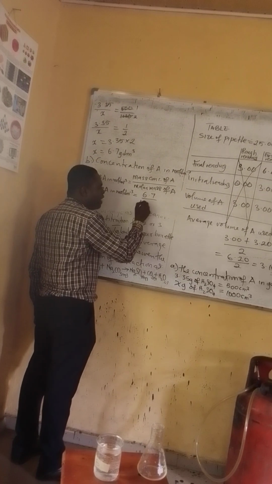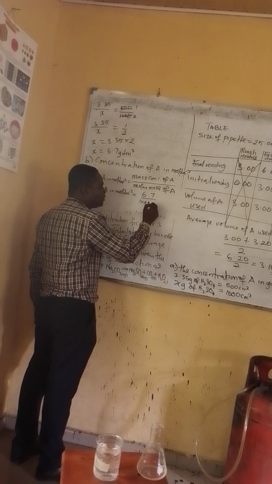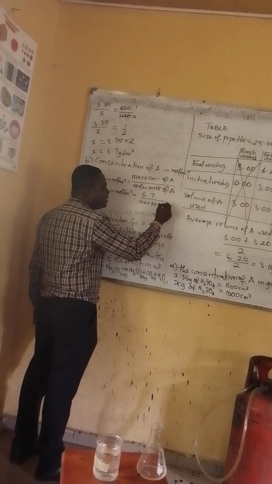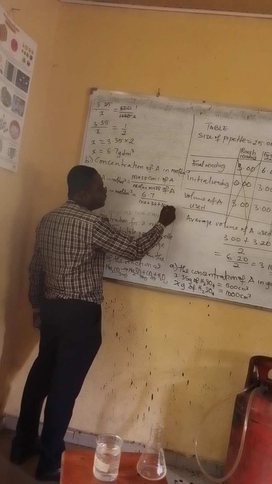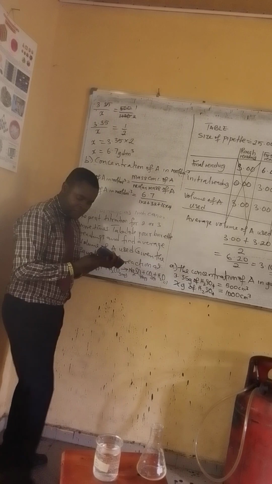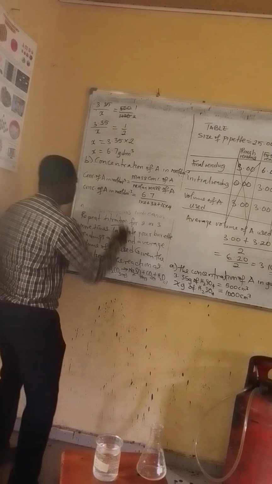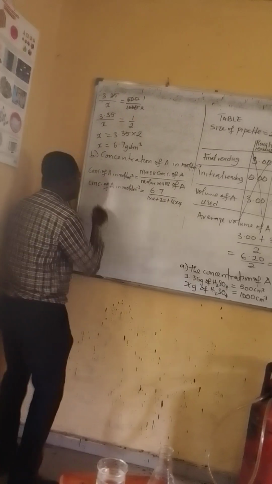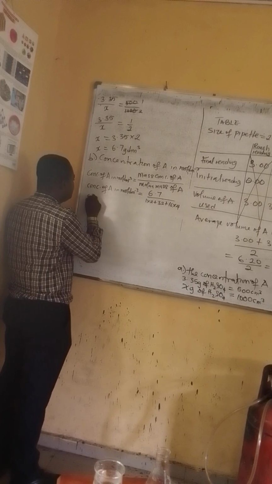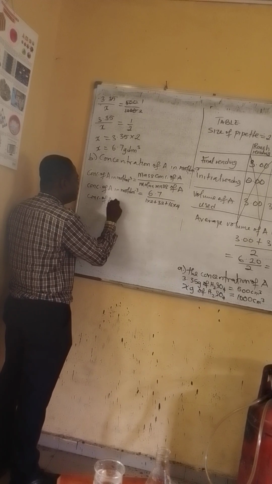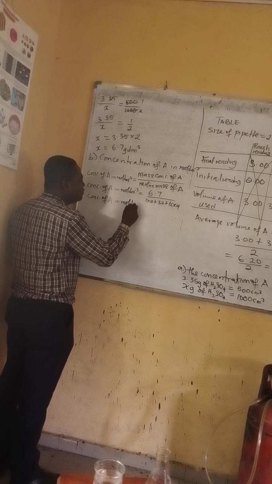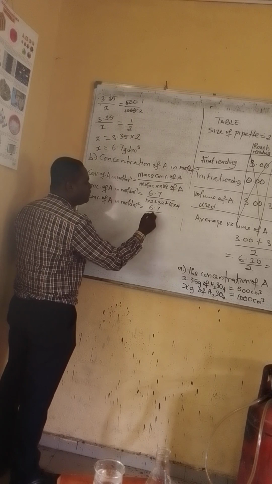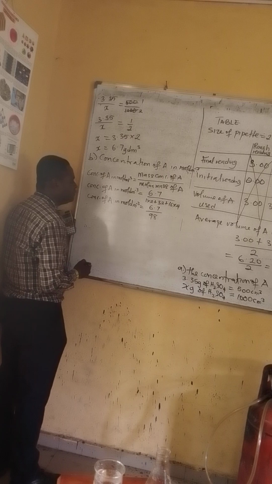H is 1, but you have 2, H2. Then put plus, S is 32. Plus, oxygen is what? 16, times what? O4, times 4. So we now have the concentration of A in mole per dm cube will now be 6.7 over, when you do this one very well, you get 98.